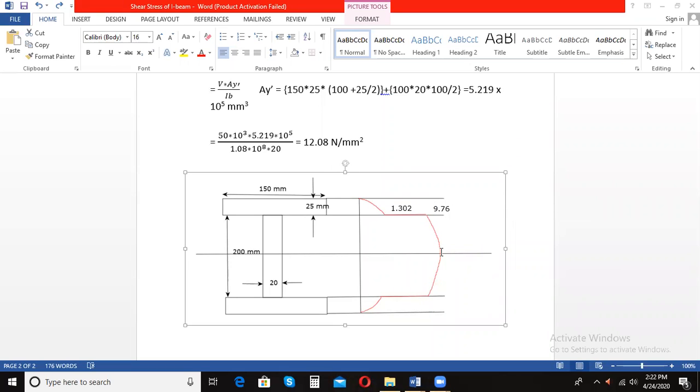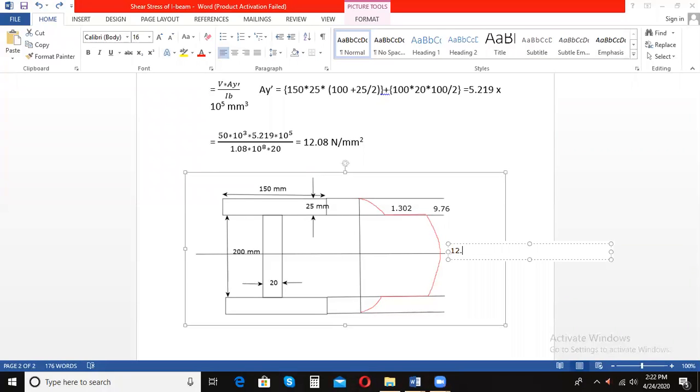Then as you go towards the neutral axis, the value of shear stress goes on increasing, and just at the neutral axis you obtain the maximum value of shear stress, which is equal to 12.08 Newton per millimeter square.